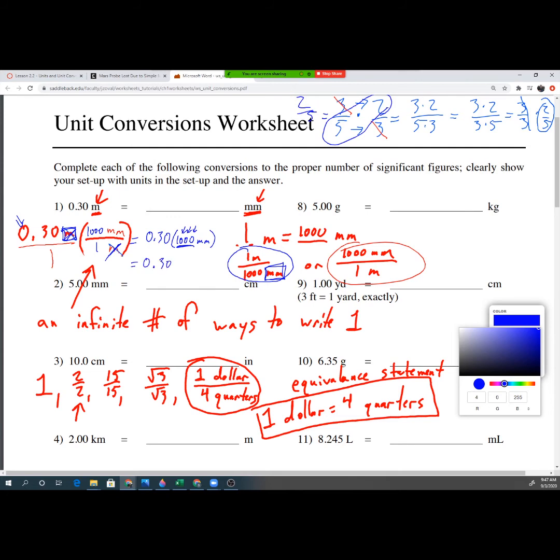And that's how many decimal places you move the decimal point. I went the wrong way. Hold on. 1, 2, 3 this way. So we get 300 millimeters out of that.